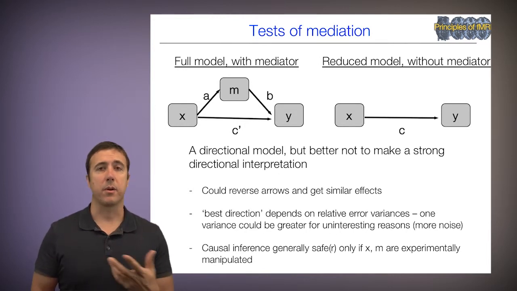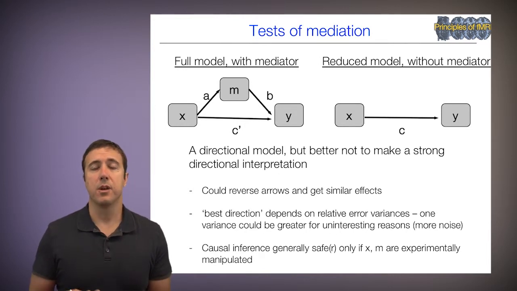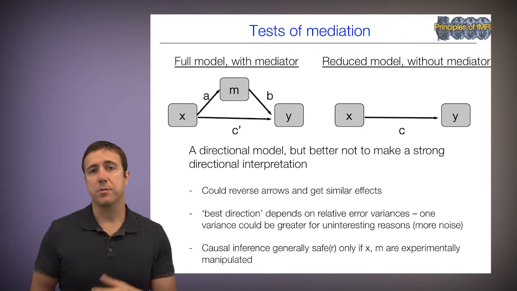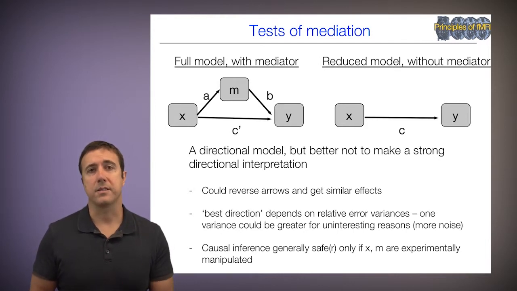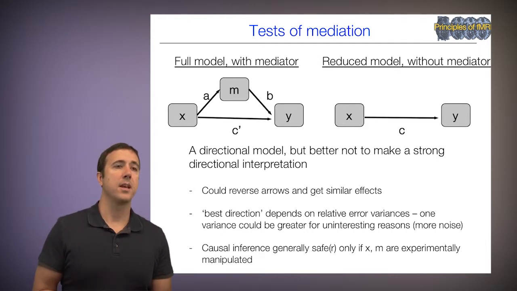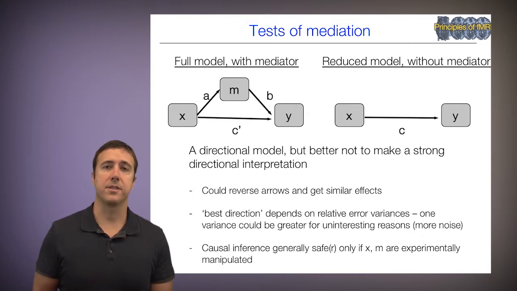So one variance could be greater than another for uninteresting reasons. For example, if it's a brain region, it could just be a noisier estimate, and then it's going to look less like a mediator. And finally, causal inference is generally safer only if X and M are experimentally manipulated. So we can still use these as models of pathways, but perhaps without making strong causal claims.